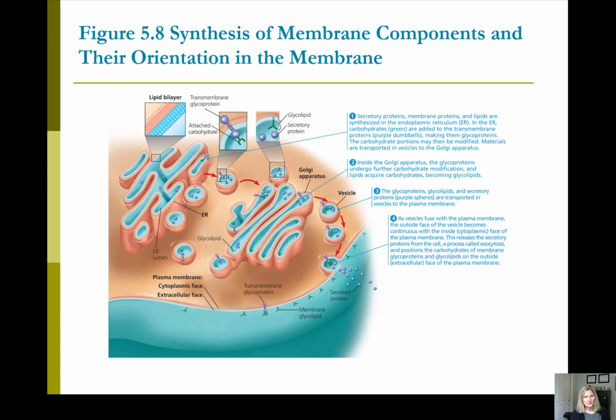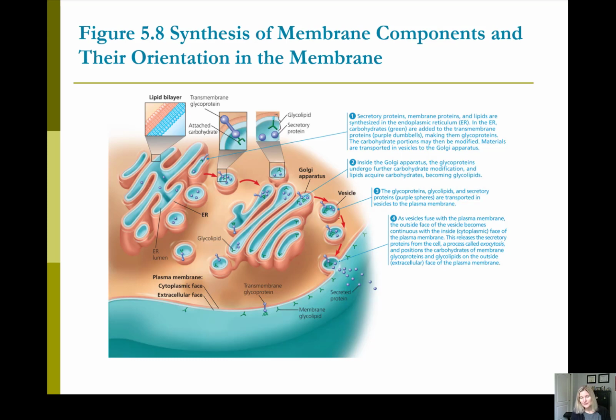So as it's pinching around it, now we have a transport vesicle that contains those components. And then that transport vesicle is going to fuse with the Golgi apparatus, where the components are then modified and packaged up. And then finally, those components leave the Golgi apparatus by the Golgi apparatus simply pinching off its membrane surrounding the components to form a vesicle.